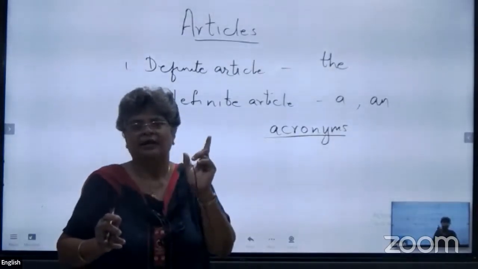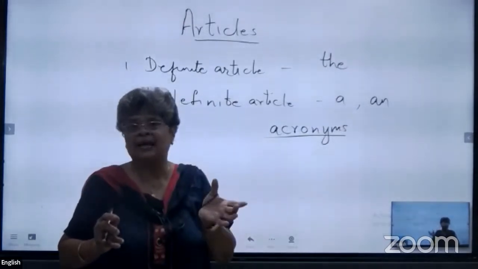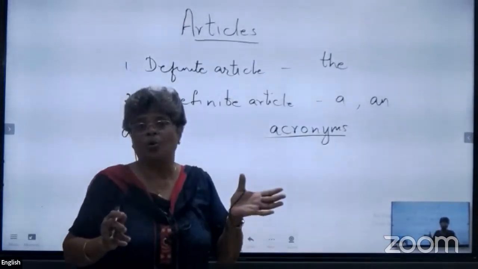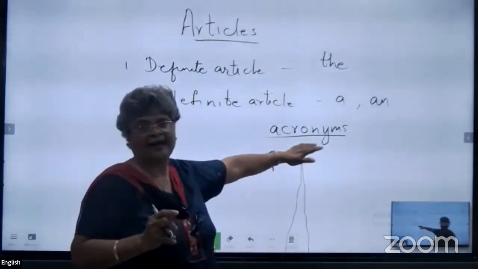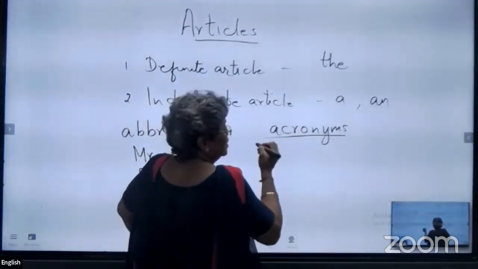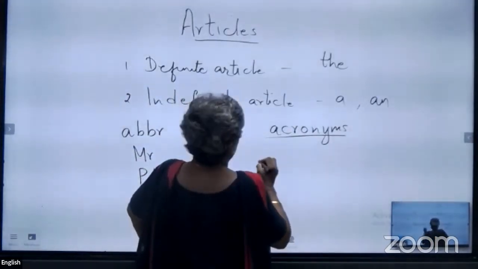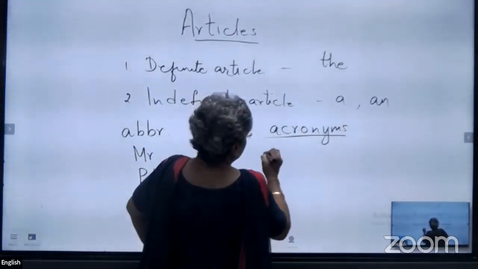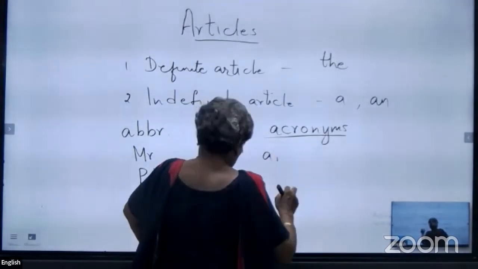SAARC. You don't spell out ICRISAT, UNESCO. All these are acronyms. So before an acronym, you write a SAARC country.